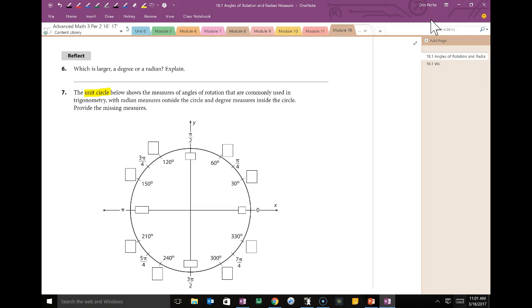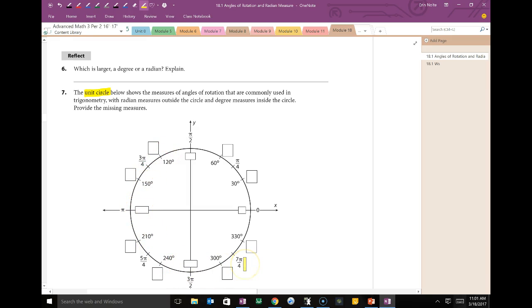Basically what we have here is a bunch of measurements. When they use the unit circle, they use special triangles to break it down. Our special triangles are 30, 60, 90 triangles. So you see 30 degrees and 60 degrees, and the increments of 30 degrees all the way around the circle: 30, 60, 90, 120, 150, 180.